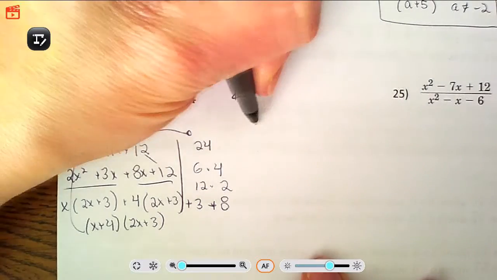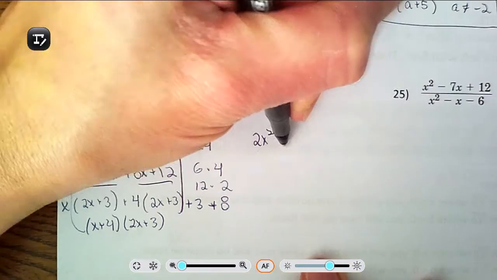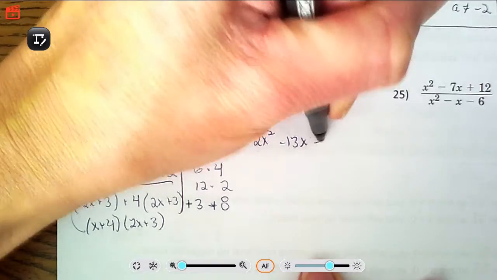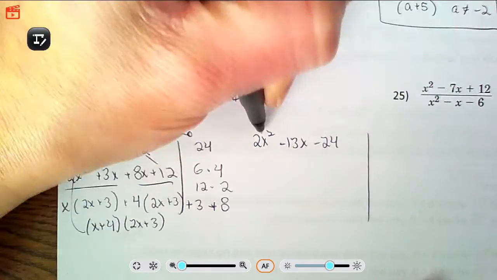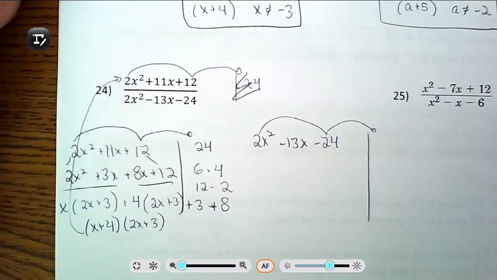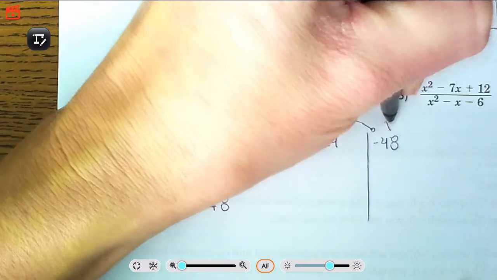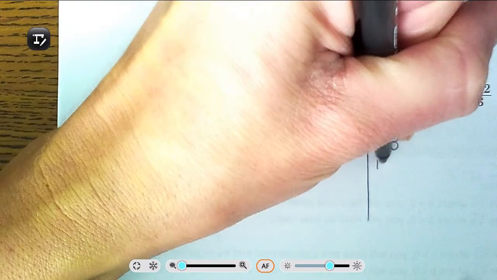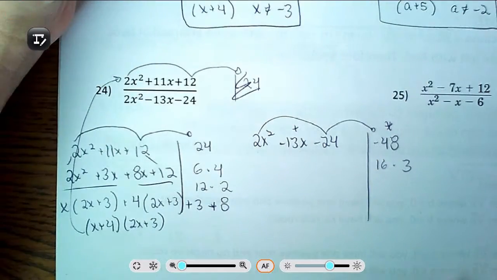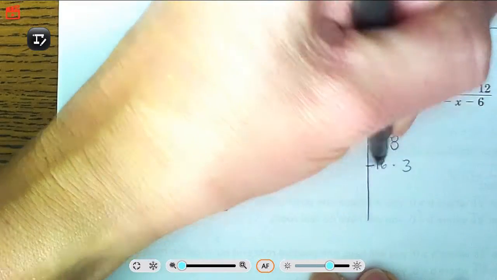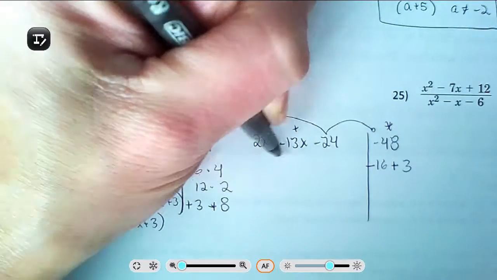Now I still have to factor the denominator. 2x squared minus 13x minus 24. Draw a line, double rainbow. 2 times 24 is negative 48. 16 times 3 can get me 48 and can get me 13, especially if it's negative 16 and positive 3.